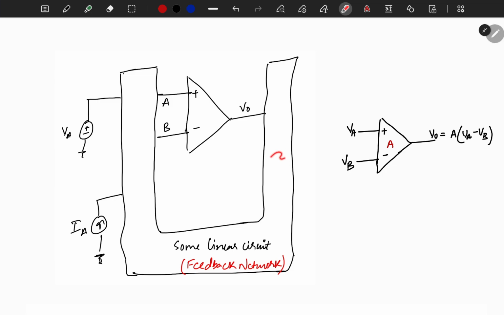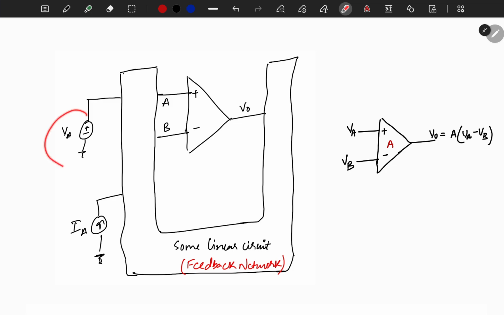So the feedback network consists of some linear elements, whether a small signal model or a large signal model. We are considering it as a generalized linear circuit present in the feedback of the op-amp. The output indirectly drives both the inputs of the op-amp, and how strong the drive is depends on the feedback circuit, that is, how great the impact of V0, the output, is on the positive terminal and the negative terminal.